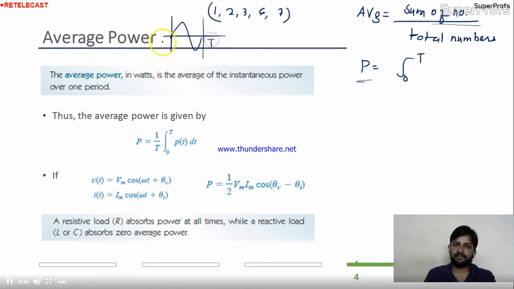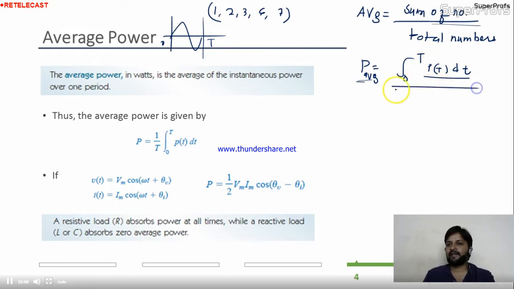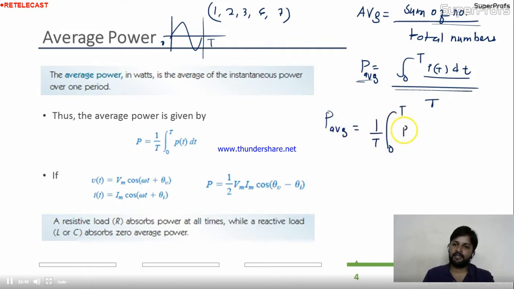We are considering 0 to T. You want to get average power, so first you will take the total power. Total power is nothing but integrating the power from 0 to T, divided by the total time, which is T. So P average is nothing but 1 by T, integral from 0 to T of p(t) dt. I hope this is clear to you. This is the average power.